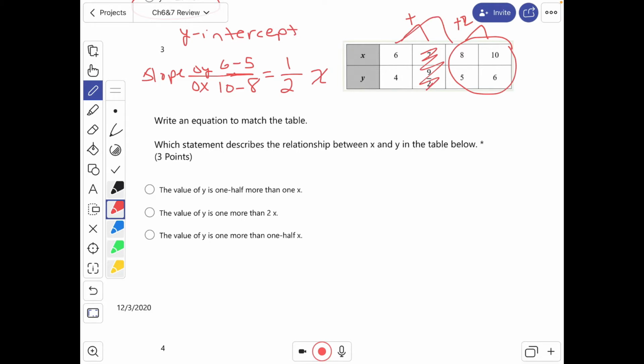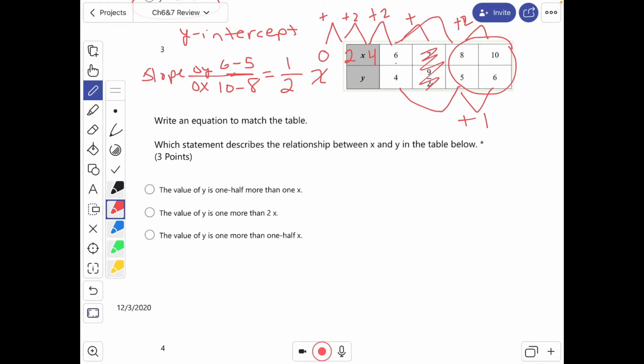And if I just go by 2, before 2 if I went 8 minus 2, I'd get 6. And on the bottom here, it's plus 1. So if I went backwards from 5, I would get 4. So let's go backwards until we get to the y-intercept. So 2 before 6 would be 4. 2 before 4 would be 2.